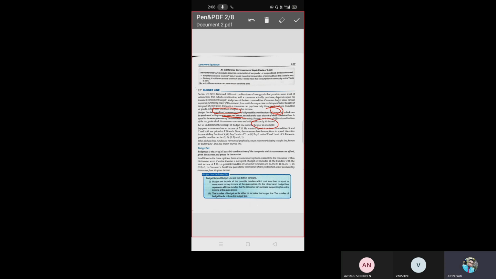Both banana and apple must fall within the consumer's income and price, so that he is able to buy. That is called the budget line. Got my point? Clear? Any doubts?